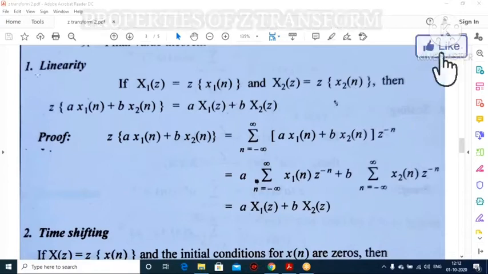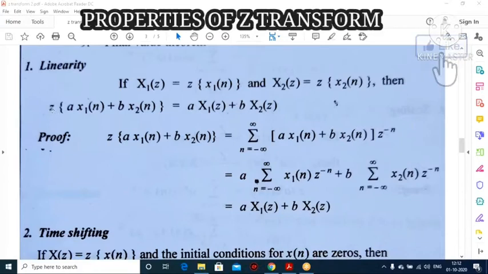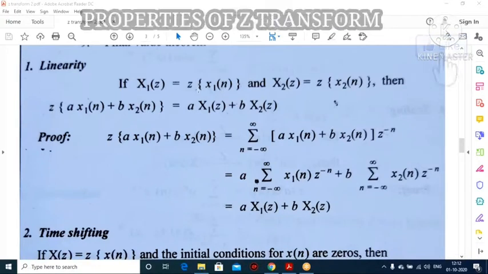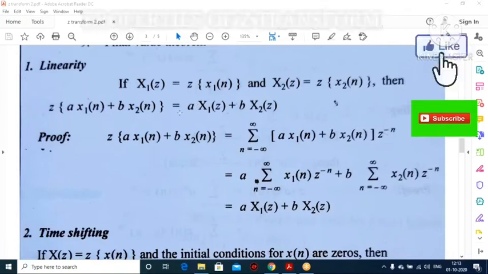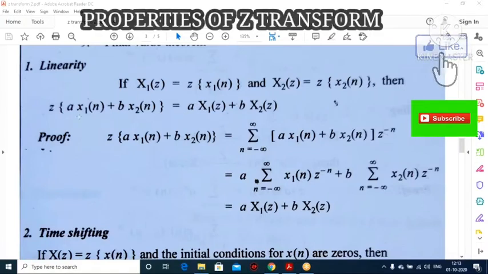Then the formula for linearity: the Z transform of a x1(n) plus b x2(n), where I add some weightage to the input signals, is equal to a X1(z) plus b X2(z). This is the statement for linearity.